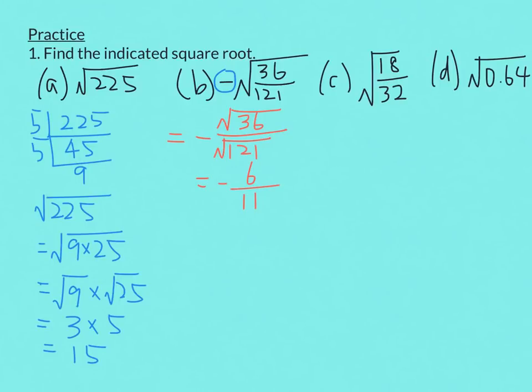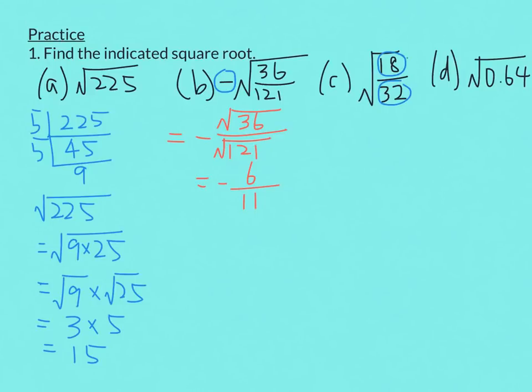For part C, we can't really simplify the radicand, take the square root of 18 or take the square root of 32, because 18 and 32 are not perfect squares. But what we can do is to simplify the fraction. So for example, 18 and 32, they have a common factor of 2.